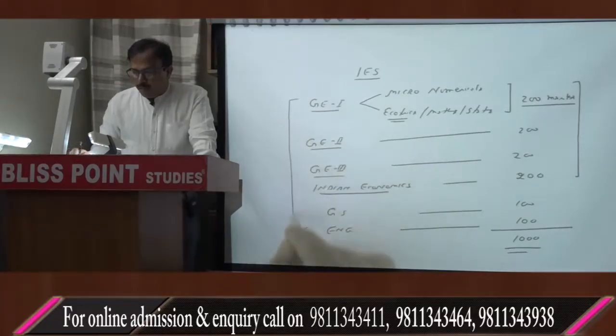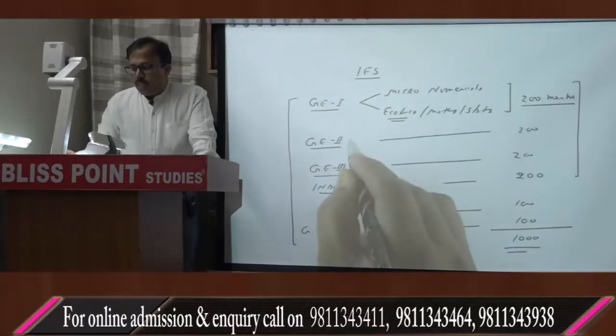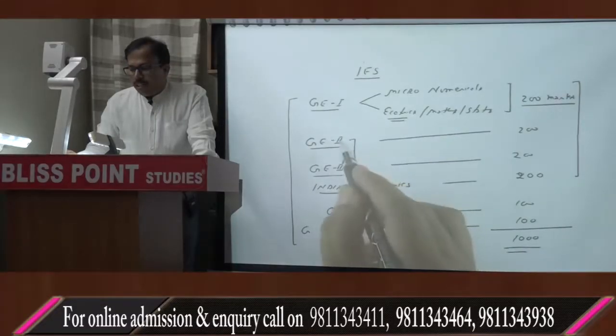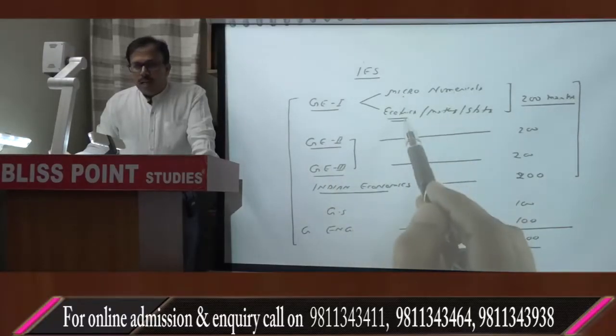this 1000 marks. The second paper and third paper include basically the content related to macro, money, banking and finance, international economics, growth and development section, environmental economics. So the second paper and third paper include those topics, and the first paper is basically micro numerical, and the second section.